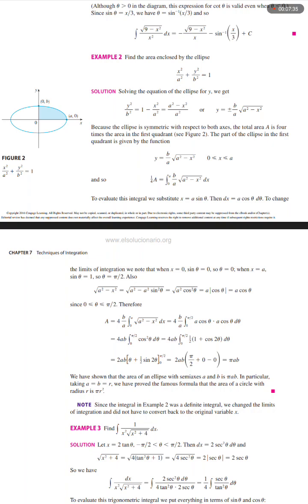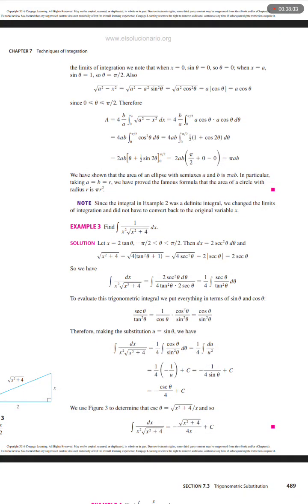Then dx equals a cosine theta d theta. To change the limits of integration, we note that when x equals 0, sine theta equals 0, so theta equals 0. When x equals a, sine theta equals 1, so theta equals pi over 2.